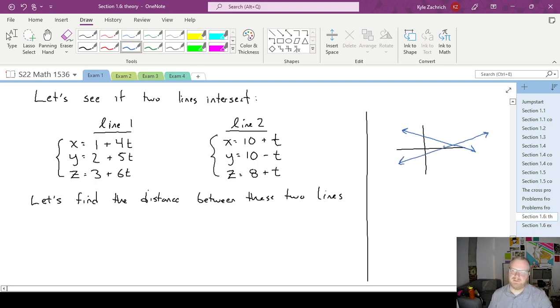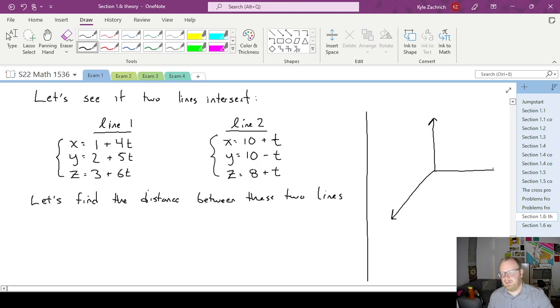All you have to do is figure out where is that happening in the x, where is that happening in the y. I'm sure it's something that you've done in an algebra class before, right? The problem in 3D space is you can have a situation where two lines are not parallel and they also don't intersect.